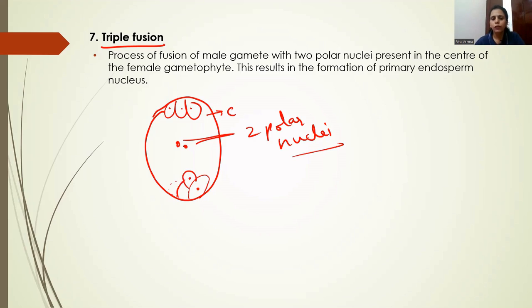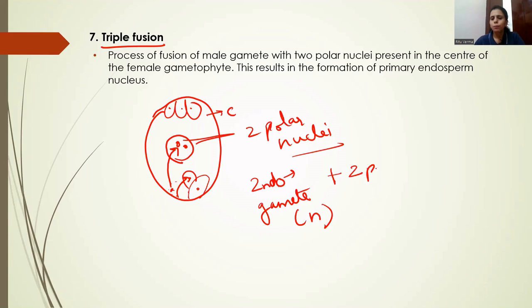One male gamete fuses with the egg cell, and the second male gamete goes and fuses with these 2 polar nuclei. The second male gamete is haploid, and these 2 polar nuclei are also haploid.